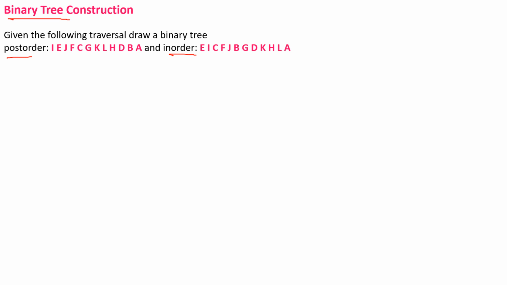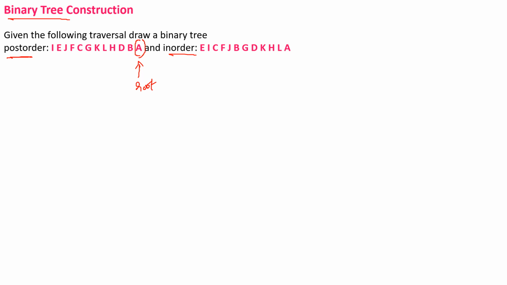And we know that post order traversal visits the root node at the end. So this is the root node in the post order traversal. Post order traversal helps us to identify the root node and the parent nodes. And in order traversal helps us to identify the left subtree nodes and the right subtree nodes.